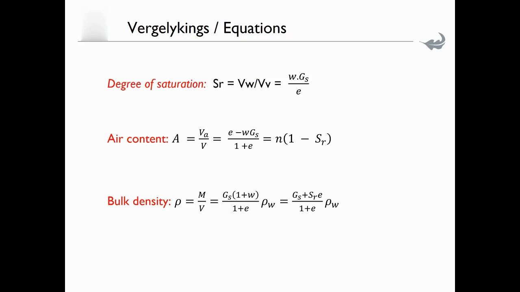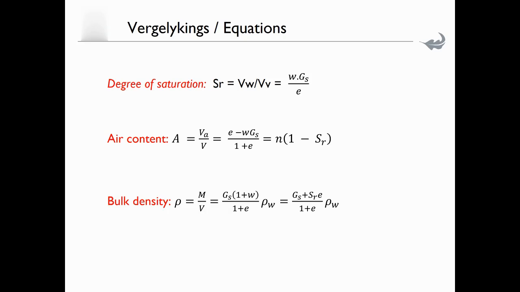The air content, A, equals the volume of the air over total volume. So it's the void ratio minus the water content times specific gravity, divided by 1 plus the void ratio. And that can also be described as porosity times 1 minus the degree of saturation.